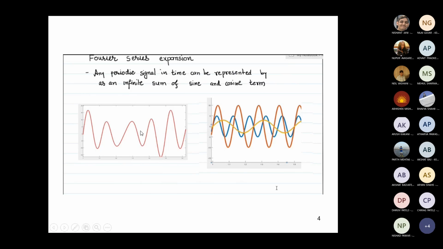So when I apply a fast Fourier transformation on this signal on the left, the output will be the frequency and the amplitude of these three signals. On the x-axis I get the frequency, and at a particular frequency, the maximum amplitude. That is what the FFT analyzer does.